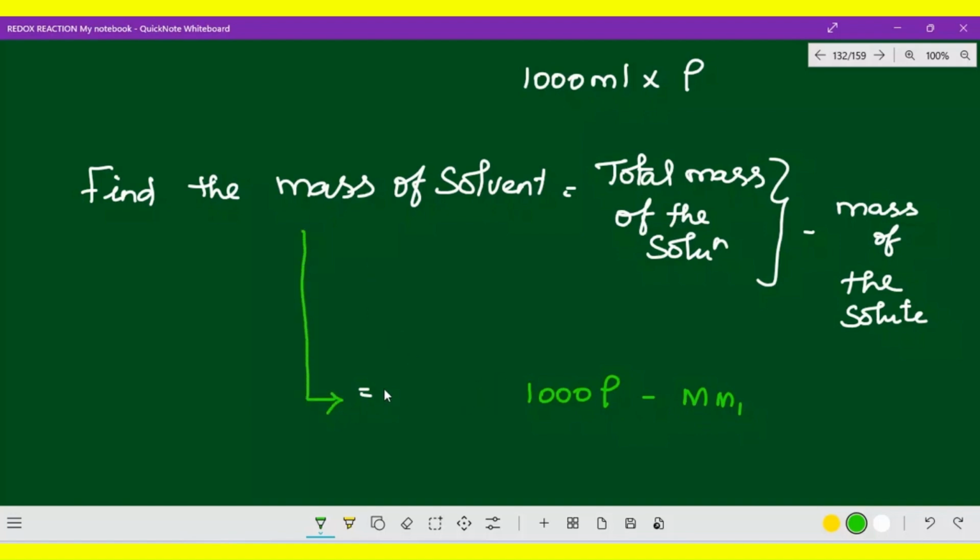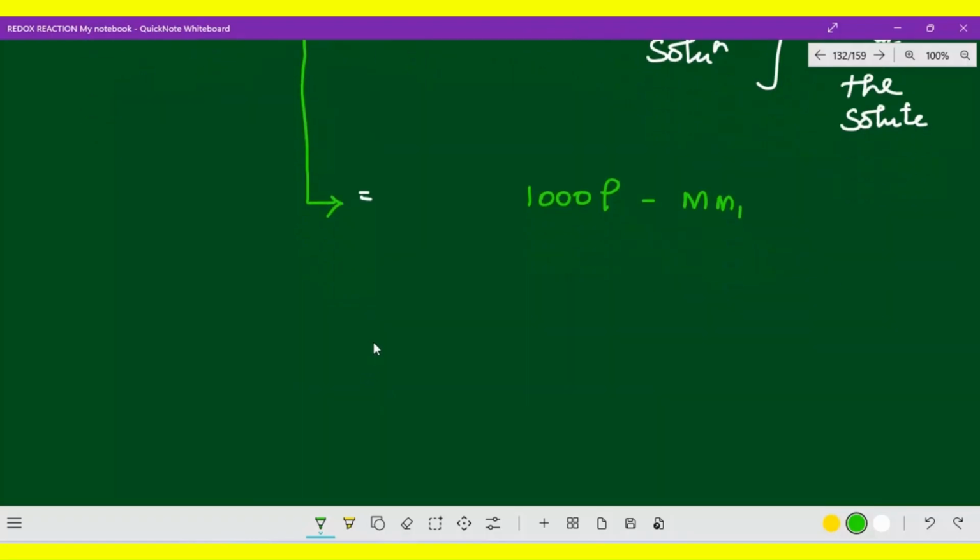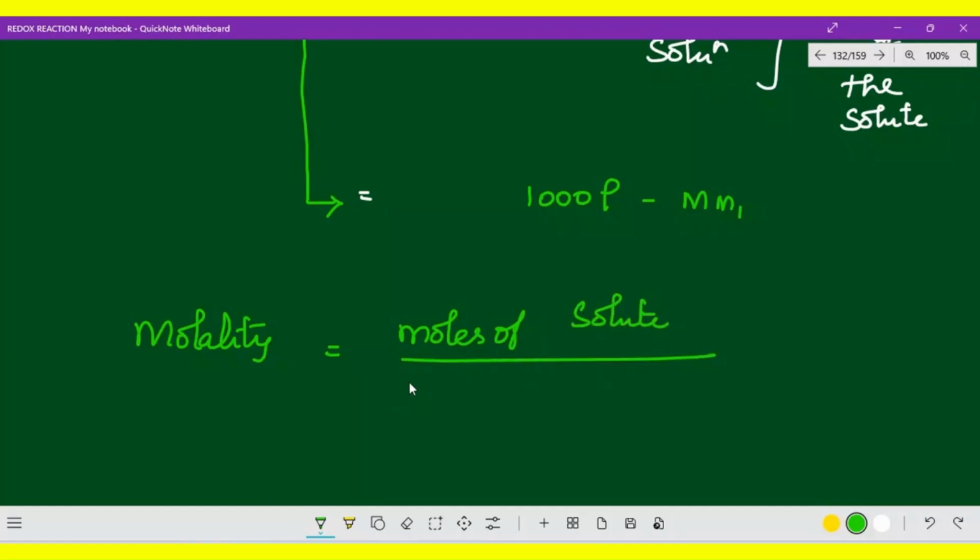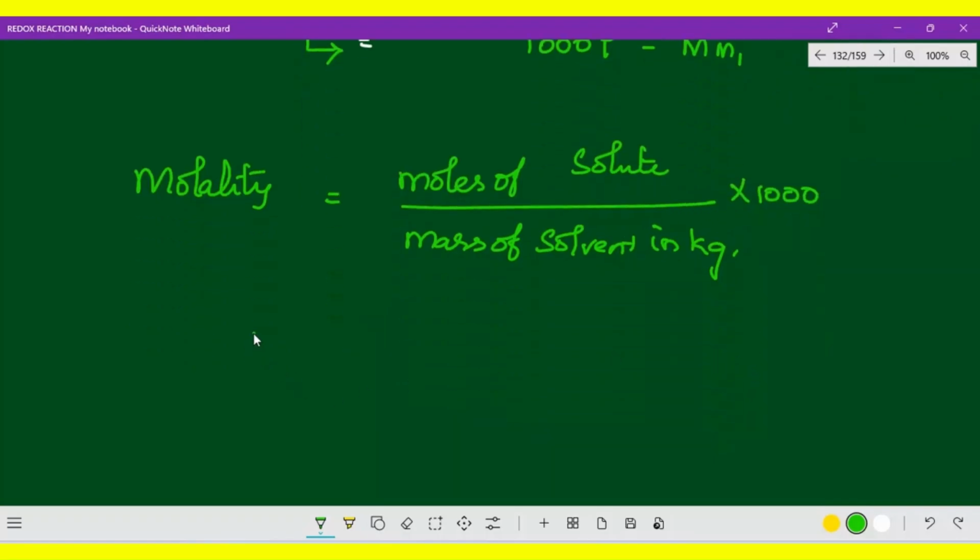Now here, molarity, M. Molality: molality equals moles of solute divided by mass of solvent in kg. Already I just mentioned, into 1000, kg only 1000, right? Now here small m, small m is the symbol. So how can you bring it?